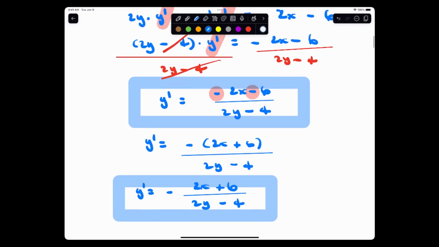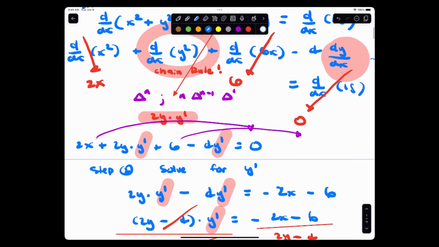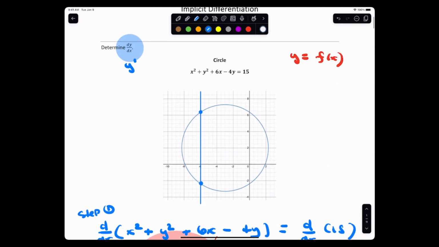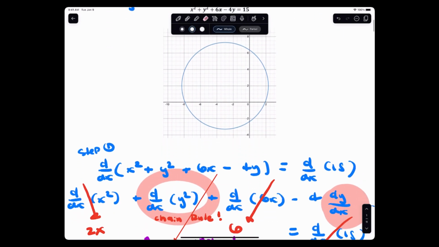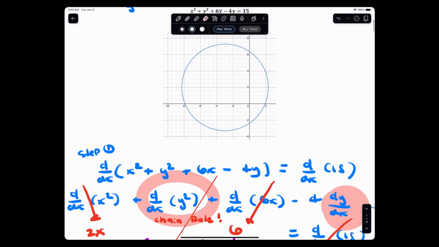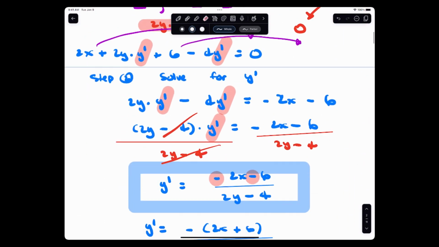All right, so ladies and gentlemen, there's your derivative for this equation of a circle. It's really a relation, and now I can do all kinds of things with this. You might say, what can I do? I can ask you this question.